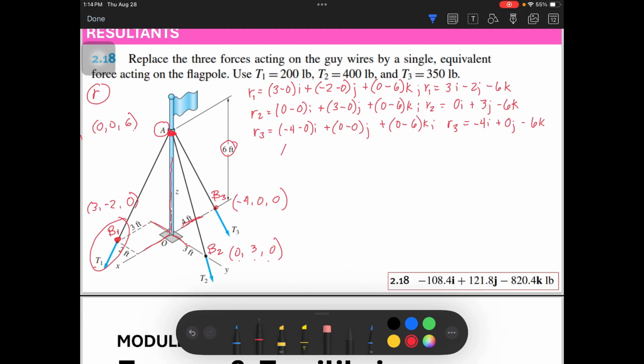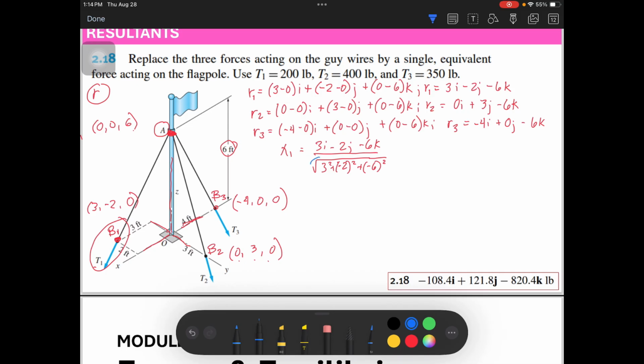So meron natin yung mga location vector. Next, kukunin natin lambda 1, lambda 2, and lambda 3. For lambda 1, it is yung numerator nito is yung ijk, yung location vector mismo, over yung absolute value, yung magnitude ng ijk. So that means 3i minus 2j minus 6k all over square root ng 3 squared plus minus 2 squared plus minus 6 squared.